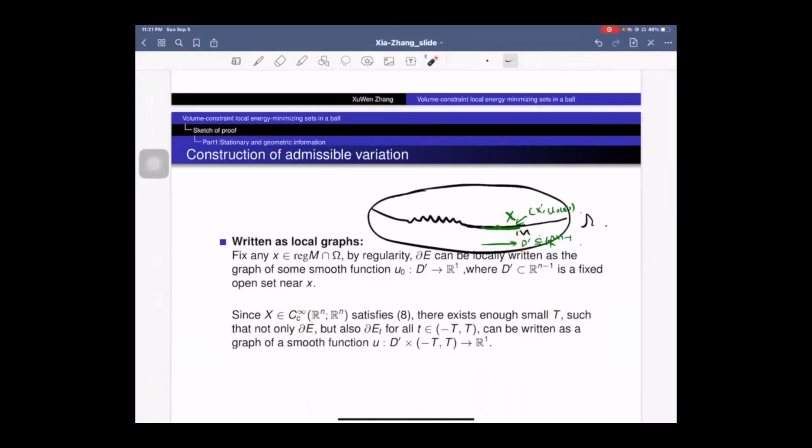And we denote it by a smooth function U, which is defined over D prime times the small interval.